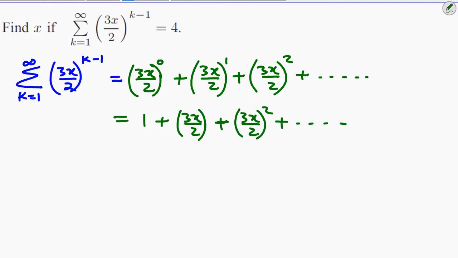Now, by inspecting this series, remember that we are told the sum of this series to infinity is equal to 4. And if you inspect the first 3 terms that you are given here, you can notice that the first term is 1, and the common ratio is 3x over 2.